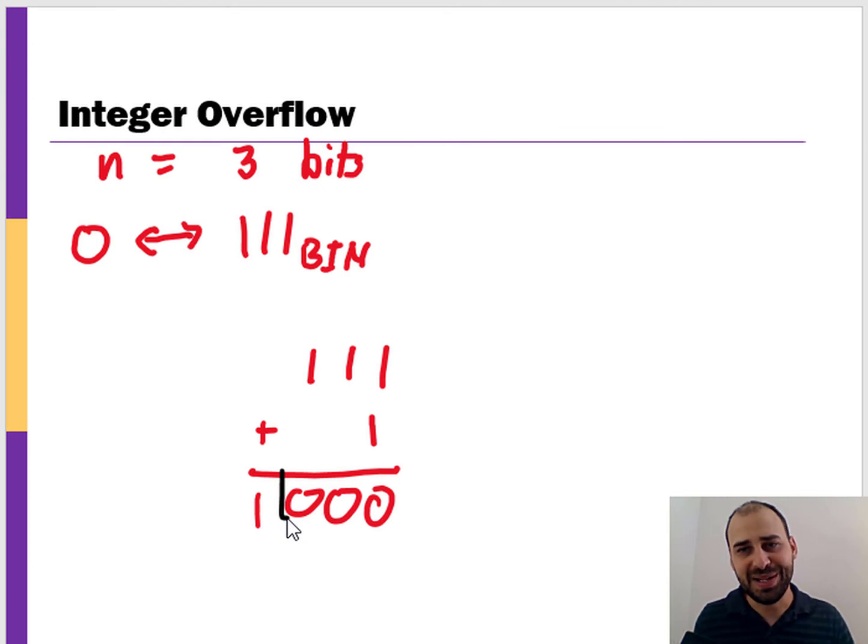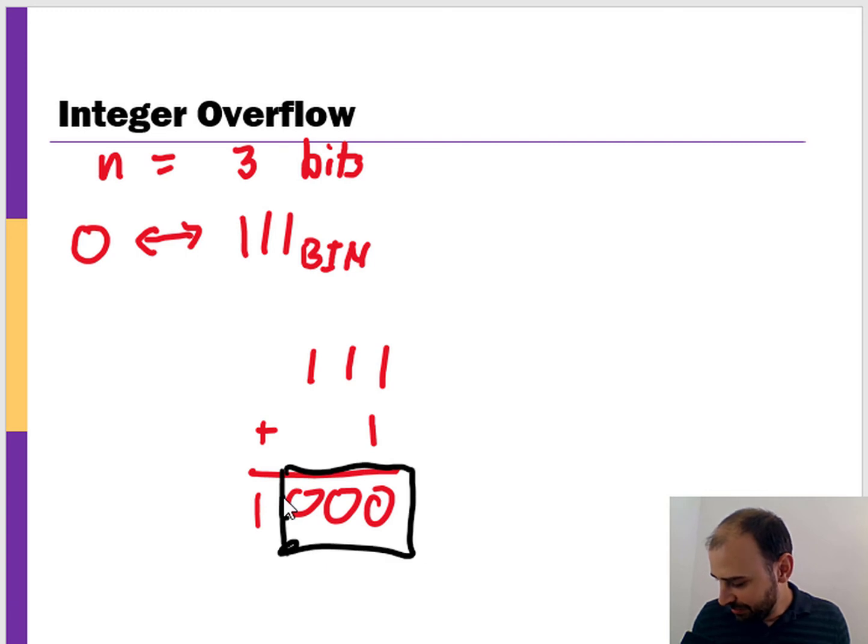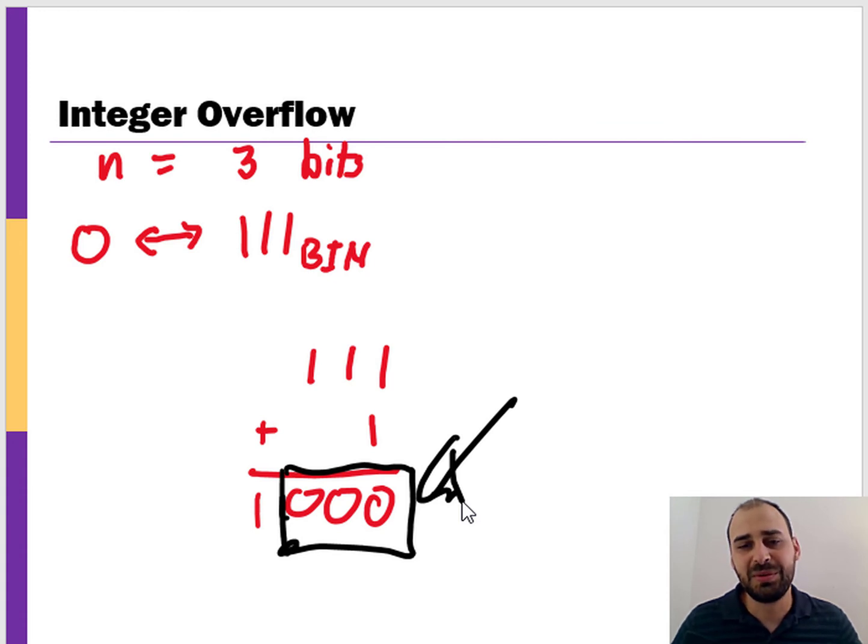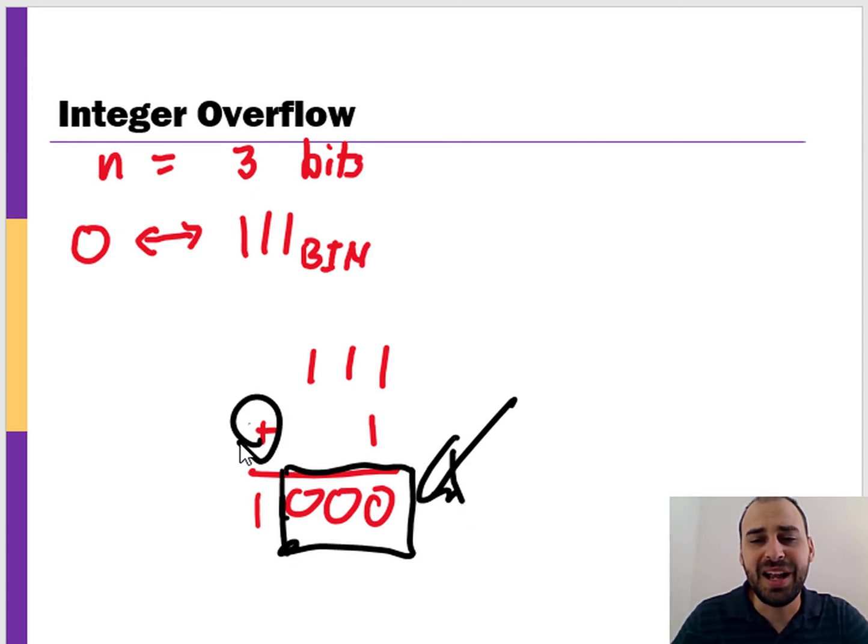We store it by bytes, which is 8 bits, but for the sake of this example, if we only have 3 bits, the effective result that we're storing is 0. So this weird thing occurred where we added to a number and it actually went from 7 to 0. It actually went down. That is what's called integer overflow, where we went beyond the maximum range and it reset.